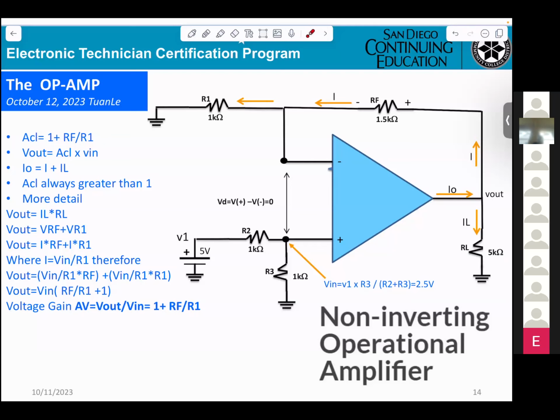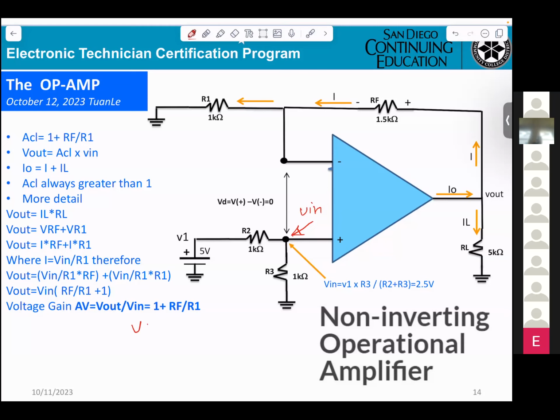Okay, first thing. We see what's going on here. 5 volt here. The input right here. That is V in. So what does V in equal? You understand that's just a voltage divider.